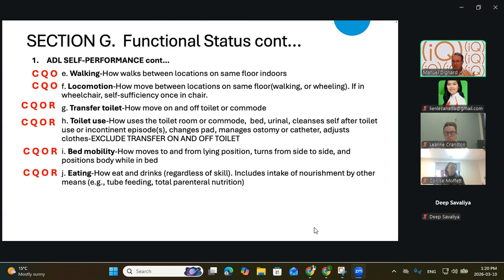H, toilet use. So this measures the full process of using the toilet, including hygiene, managing clothing, cleaning up after incontinence, handling ostomy or catheter supplies. It does not include getting to or from the toilet or transferring onto it. And notice how it talks about managing clothes. So I'll give you a quick example. A gentleman goes in the bathroom. He does his business.